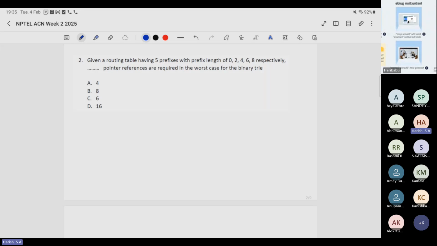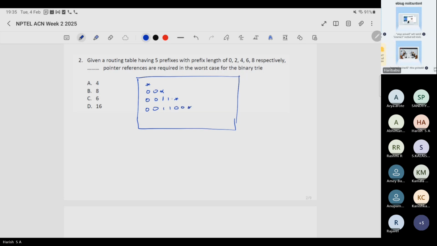See, when they say given a routing table having 5 prefixes, correct? So I hope you've all seen the video. So this is prefix 1, then the second prefix is, let's say, 00*, and then the third prefix is, say, 0011*, and then the fourth is 001100*, and then 00110011*.